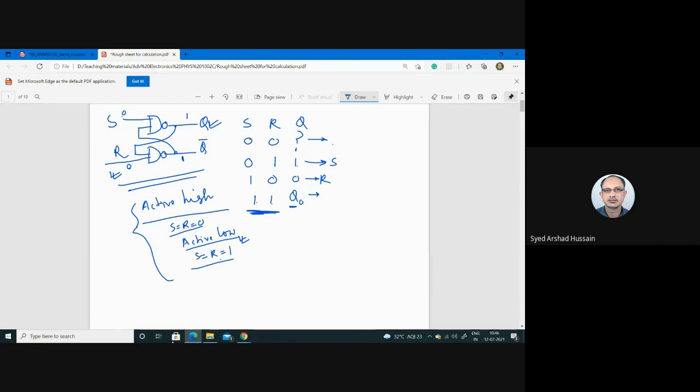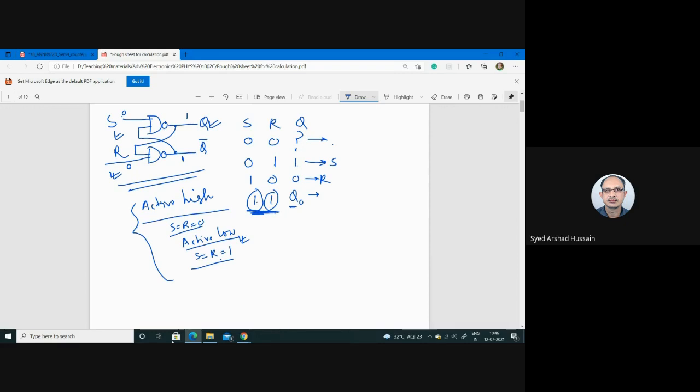In the NAND circuit, resting in high state, it becomes active as soon as any input goes to low state 0. If you want to set this circuit, you change this to 0. If you want to reset it, you change that to 0. So it's active low.